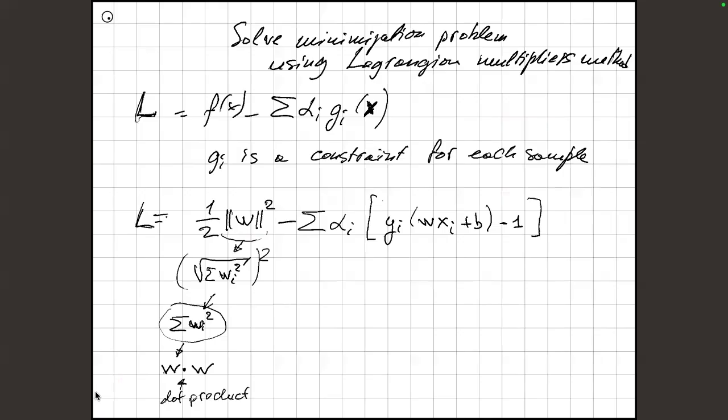Okay. So now we want to minimize this thing, but you cannot attempt to minimize it right away as is, because here we have too many parameters to optimize. What do we have?